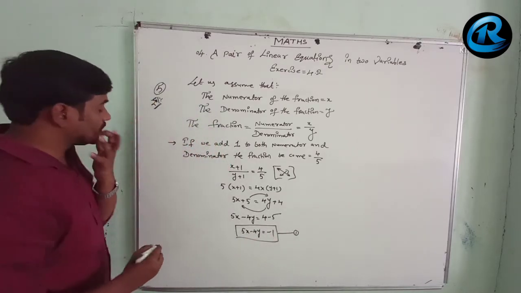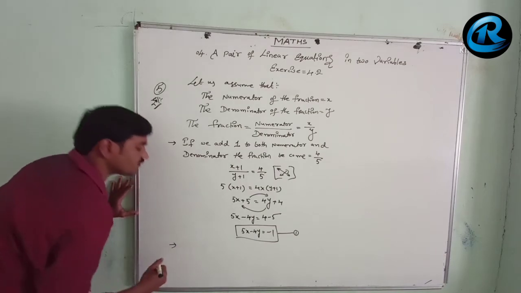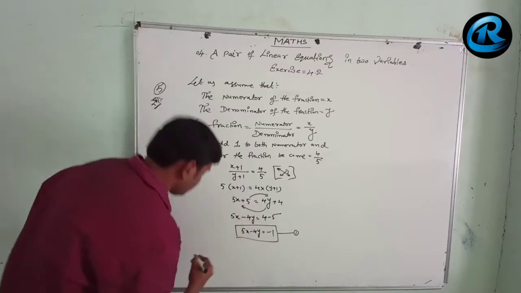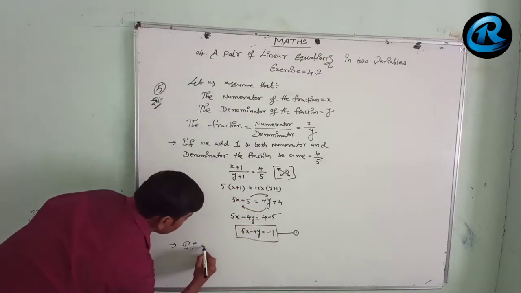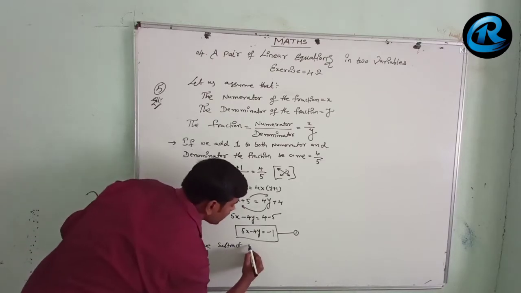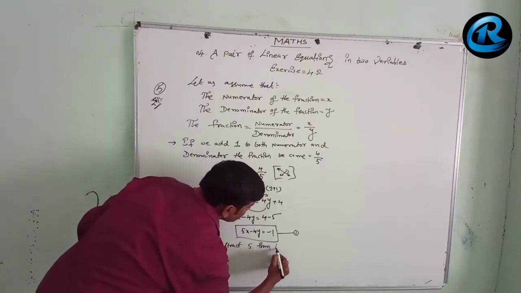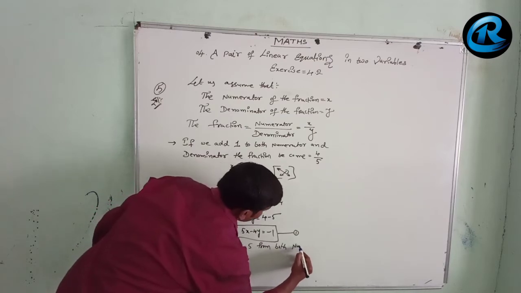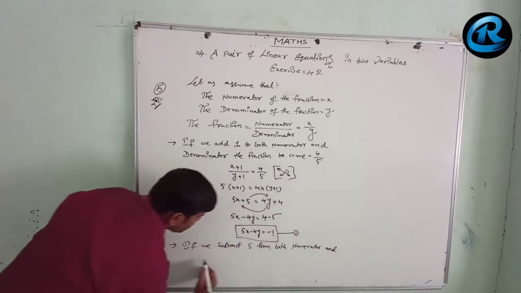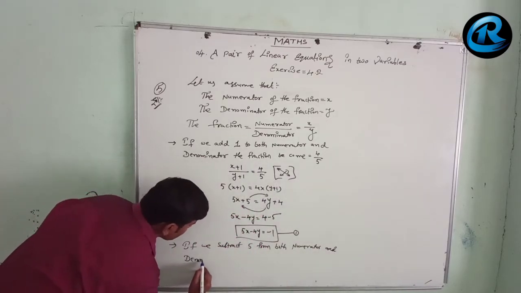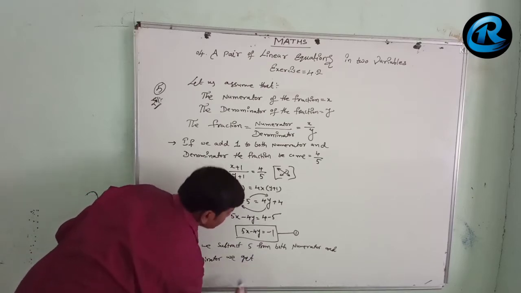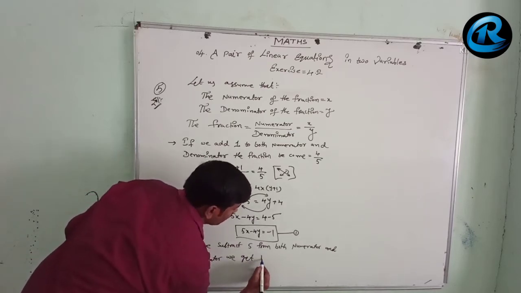Now we also get equation number 2. How do we get equation number 2? The statement is given: however, if we subtract 5 from both numerator and denominator, we get 1 by 2.